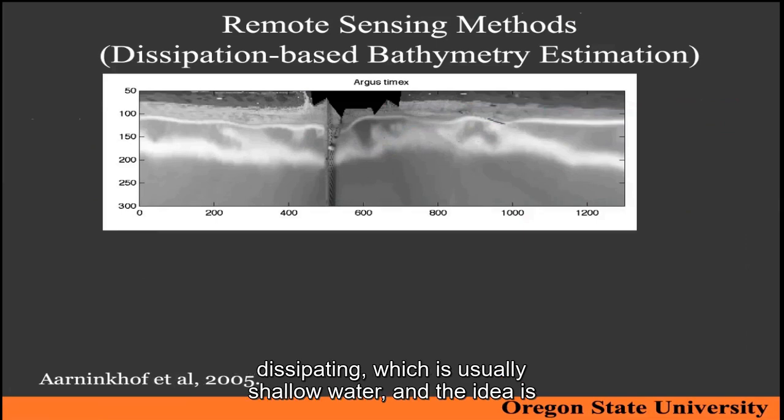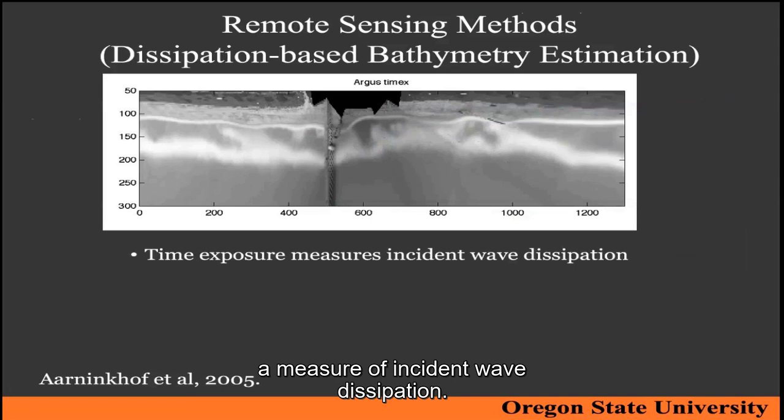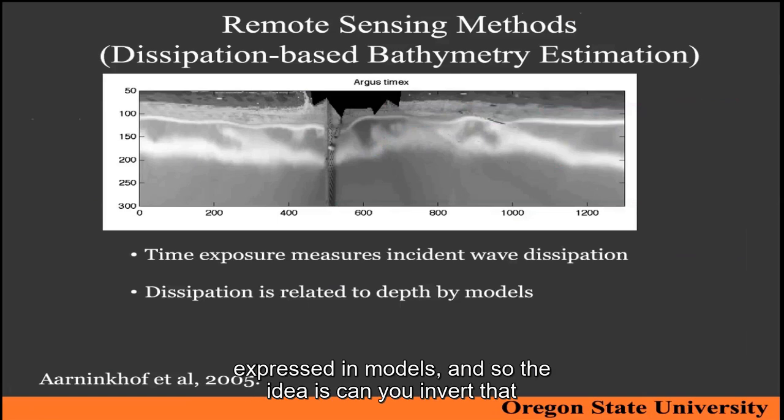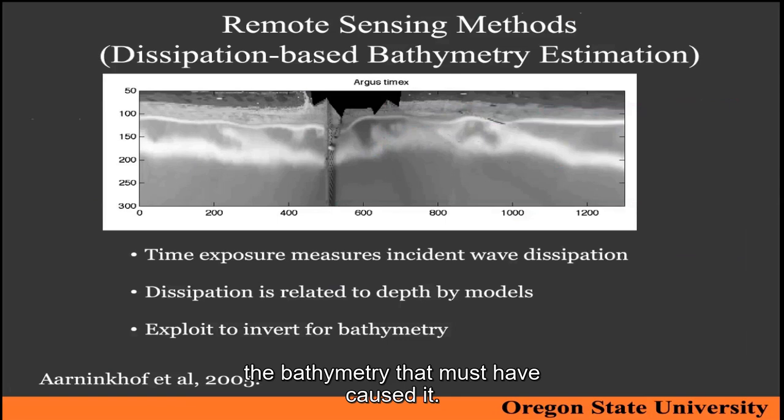And the idea is to be able to exploit that signal, so that time exposure is a measure of incident wave dissipation. Wave dissipation is related to bathymetry in ways that can be expressed in models. And so the idea is, can you invert that relationship to take a dissipation pattern and find out the bathymetry that must have caused it?